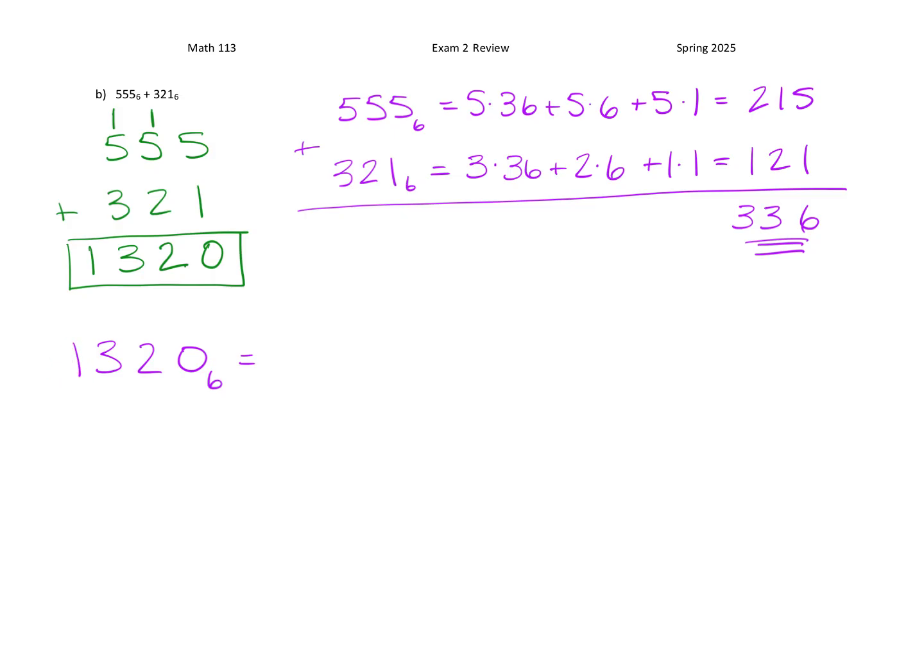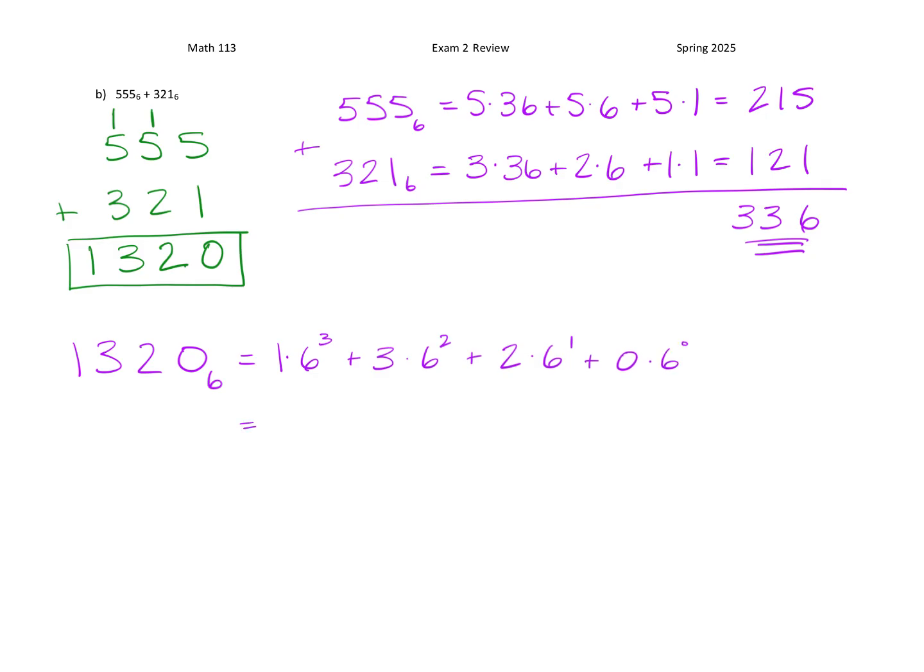It's 36 times 6, which is 216. So this is going to be 1 times 6 cubed plus 3 times 6 squared plus 2 times 6 to the first plus 0 times 6 to the 0, which is 1.